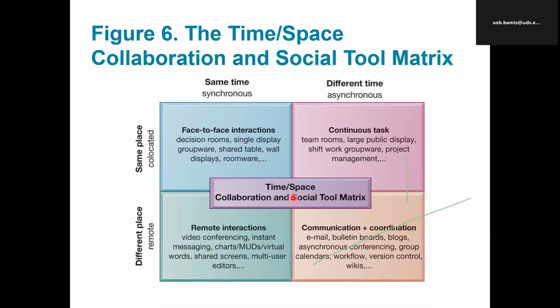The time-space matrix is a matrix with some options here and some options there: same time, different time, same place, different place. Before you start collaboration, you need to analyze where you fall in this matrix.